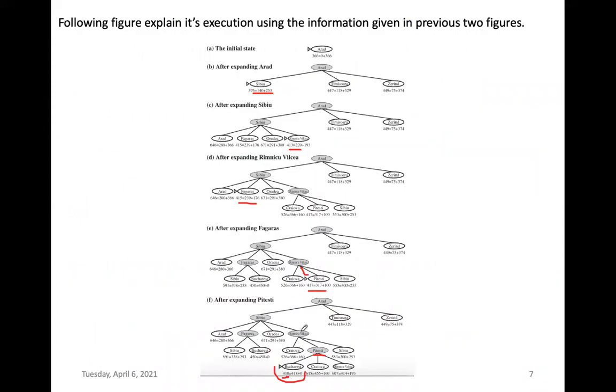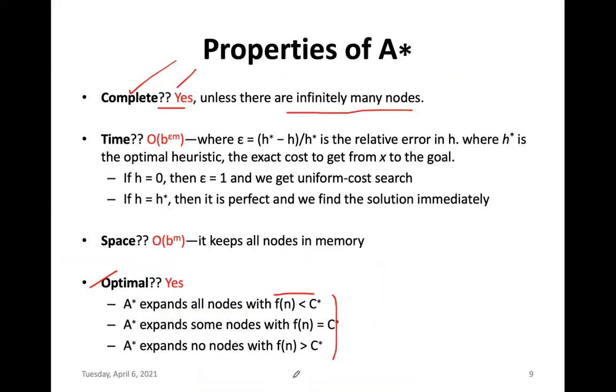If you check the expanded nodes, these filled circles are basically expanded nodes, you will see that their value is either equal to or less than this 418. This condition is written here: f of n would be either less than C star or equal to C star. And A star will not expand any node with f of n greater than C star. It will not expand those nodes.